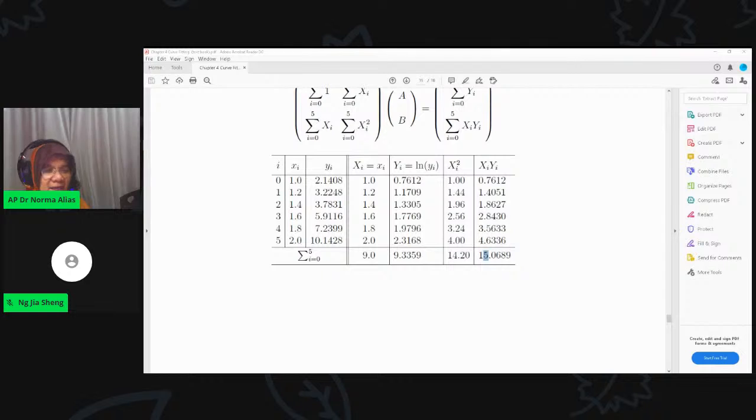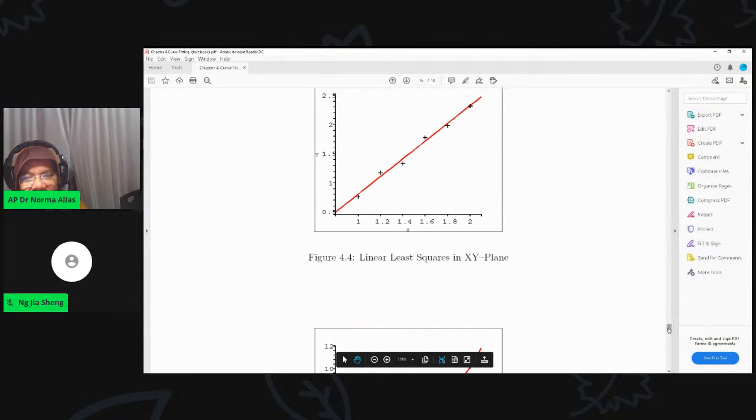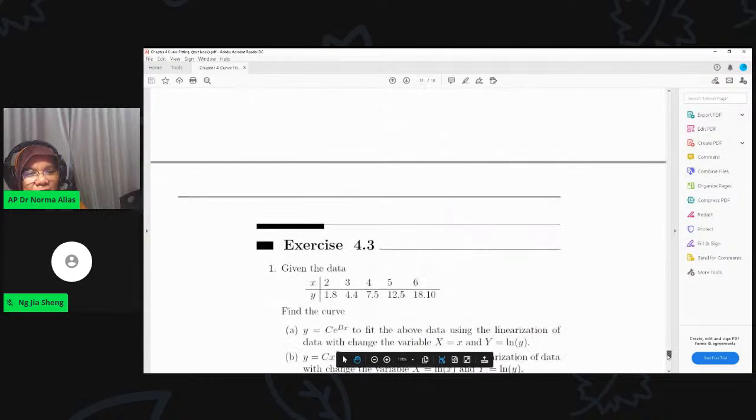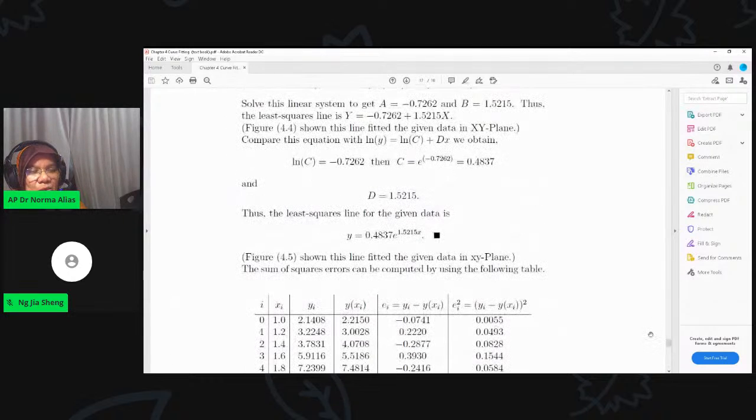Then you follow the process of the linear least square method to get a and b. After getting a and b, you need to get the values of c and d. Don't forget to match: a is ln c, and b is d. You need to match from the previous step.